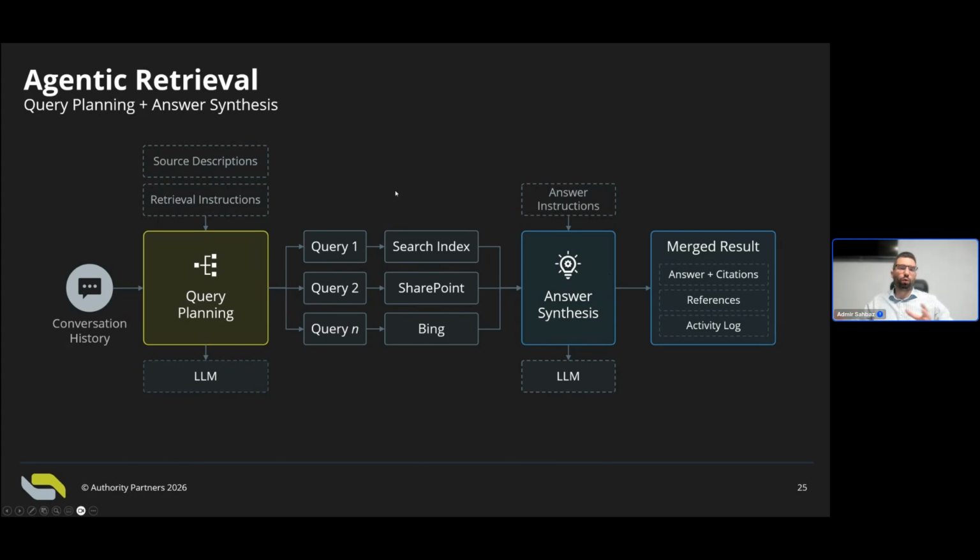So we have two options. We can either get verbatim content from the knowledge sources or an LLM-generated answer. Plus, we also get references, which we can use for citations. We get the activity log, which can be used for debugging to understand what actually happened under the hood. We can see all the subqueries that were executed against which underlying knowledge source, how many tokens each subquery spent, and so on.